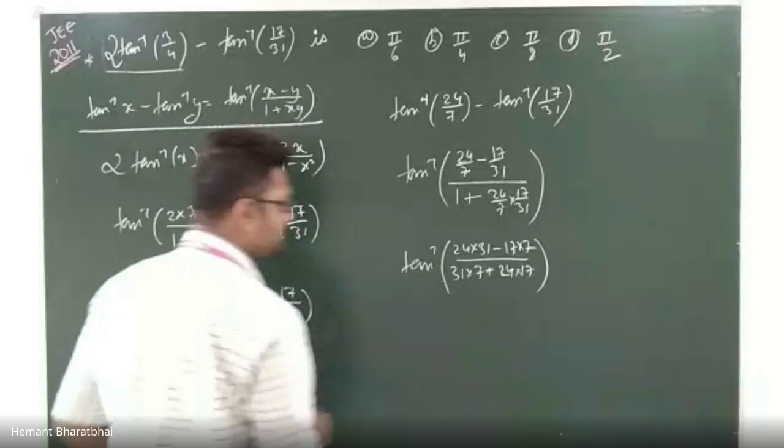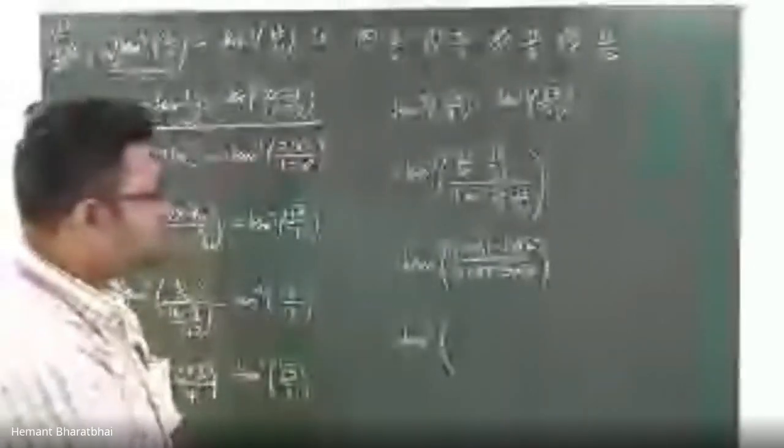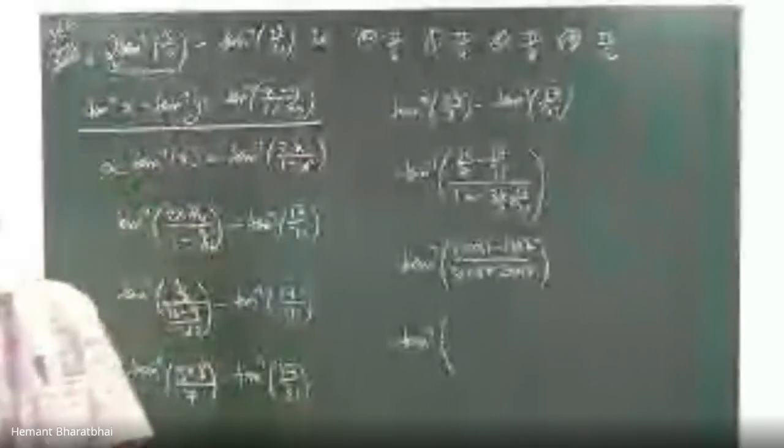Tell me how much are we getting? 31 minus 17 into 7 divided by 31 into 7 plus 24 into 17.